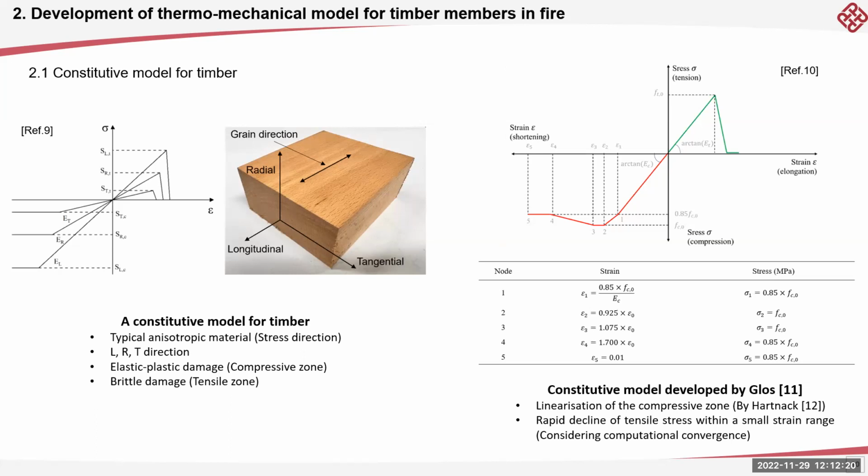And in our simulations, we selected the constitutive model developed by Glos, and later the linearization of the compressive zone was done by Hennig. And we set a rapid decline of the tensile stress on the right top with a small strain range, considering the computational convergence.